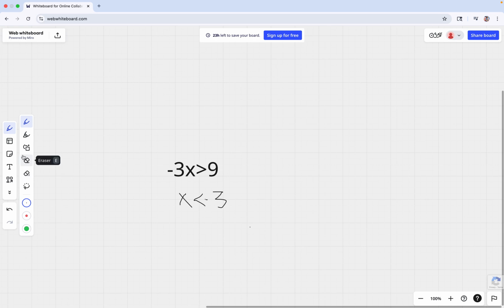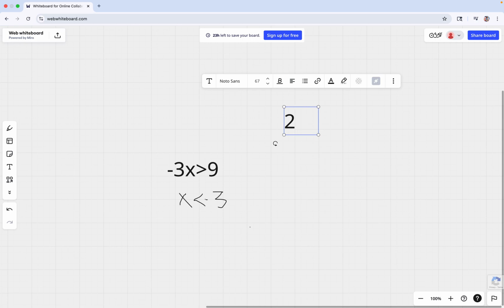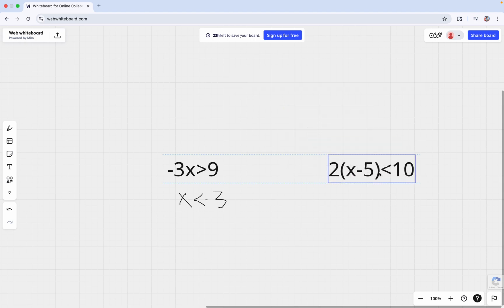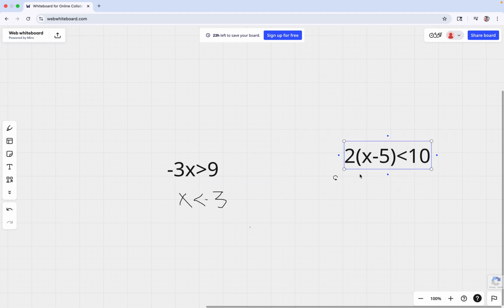For example, if there was a question like 2 parentheses x minus 5 is greater than 10, then we would basically do the distributive property first. We would distribute the 2 to the x and the 2 to the 5, and then we would solve it.